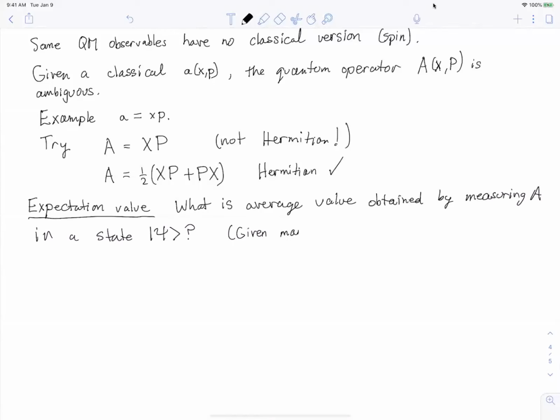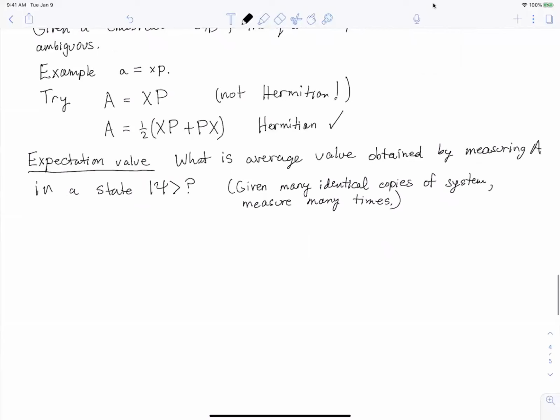So given many identical copies of a system, you measure it many times and then you take the average. So it's a very statistical thing.